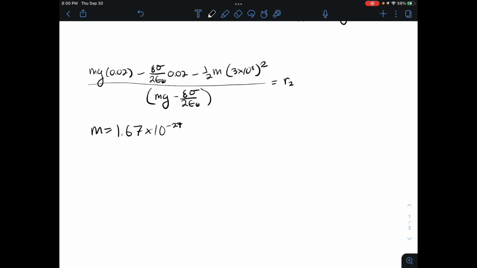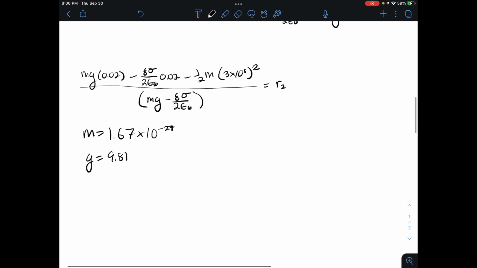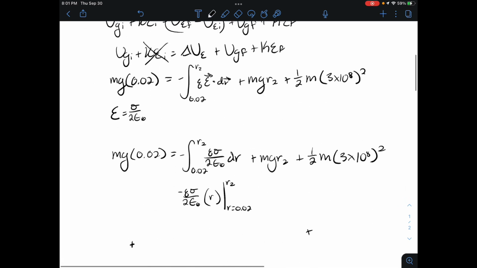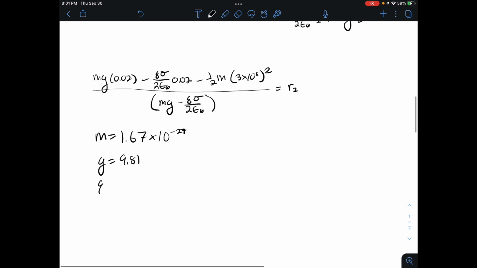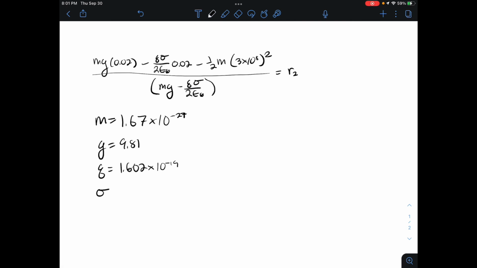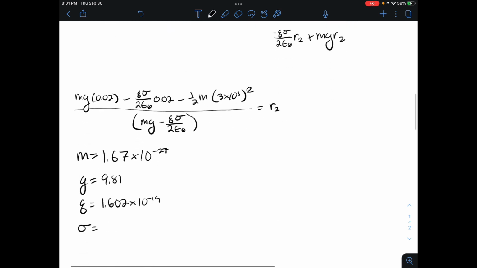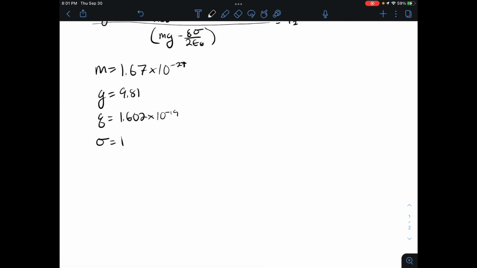That G, since we are keeping it in consistent units, we can use G equals 9.81 meters per second squared. Our Q, that's going to be the charge of the proton, and since it's just the proton, that's going to have a charge of 1.602 times 10 to the negative 19th coulombs. Our sigma, also given in the problem, is just going to be 1 coulomb per meter squared.